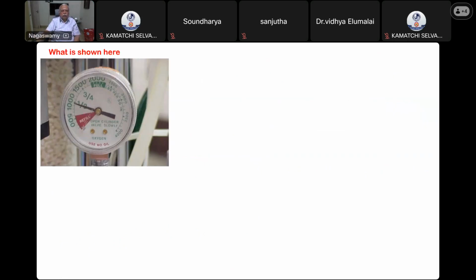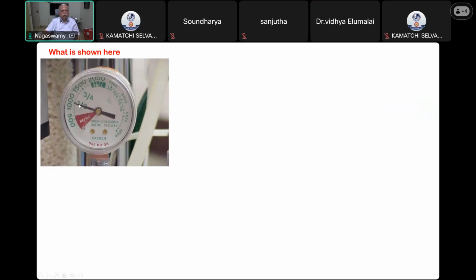Now, what is shown in this picture? This is another very frequently asked machine question in the exam. What are you seeing? It's a cylinder pressure gauge. It's a pressure gauge for oxygen. Okay, oxygen cylinder pressure gauge is seen there, and you can see there is a partly emptied cylinder.